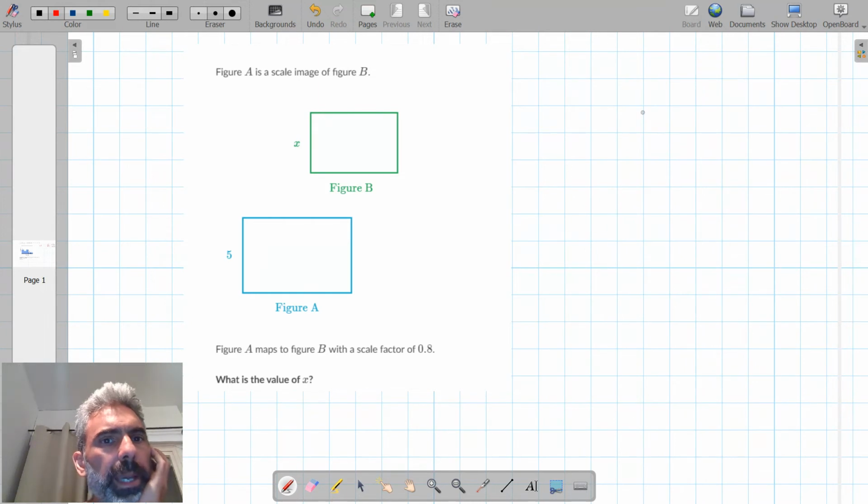Figure A is a scale image of figure B. Figure A maps to figure B with a scale factor of 0.8.